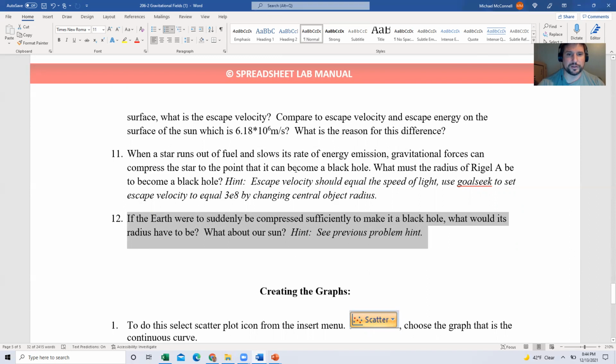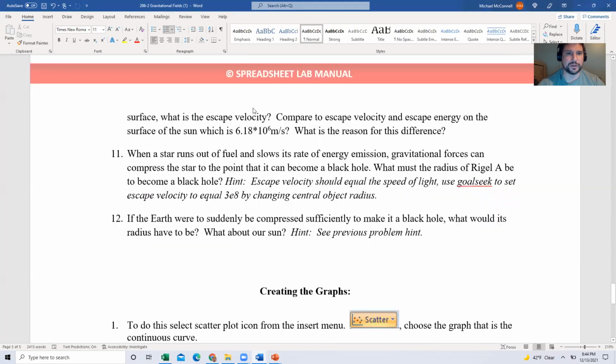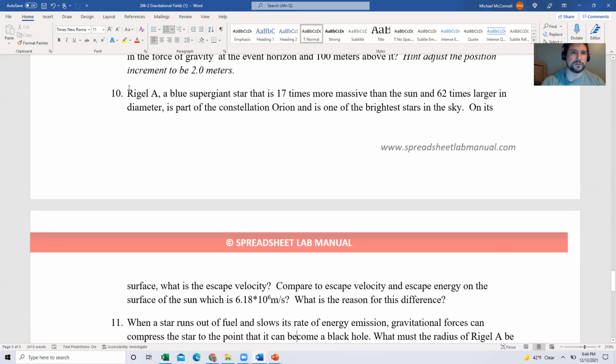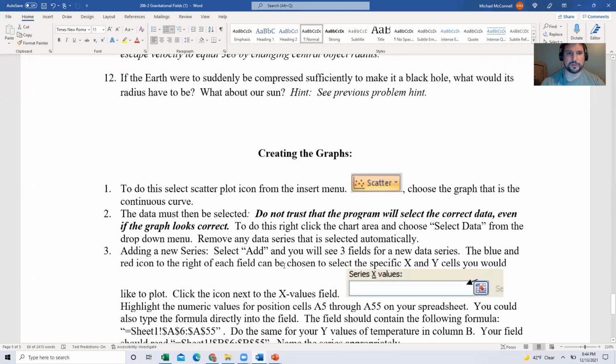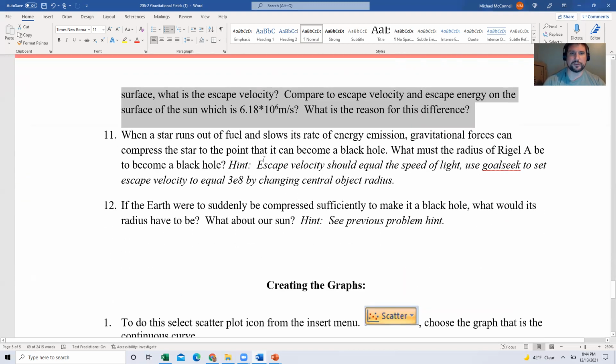All right, and for Regal A, do the same thing for that one, just so you can see that this data is something that I just want you to draw some conclusions for. We saw the data for the sun, but we'll compare the sun to Regal A right here. And when the star runs out of fuel, it's going to gravitationally compress down until it forms a black hole.